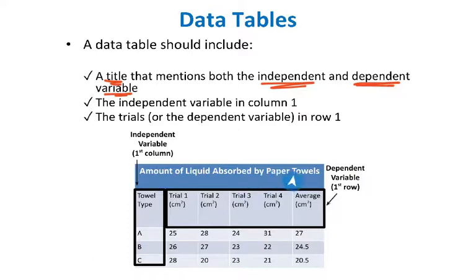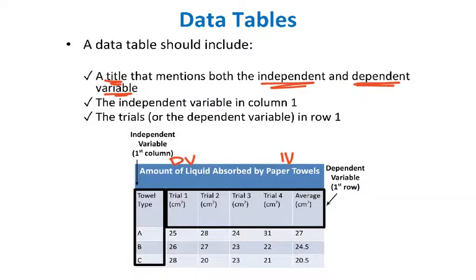You can see that we have a title right here at the top, amount of liquid absorbed by paper towels. In this case, the independent variable, the thing that we're changing on purpose, is the type of paper towel. And the thing that we're measuring to see if the type of paper towel makes a difference is the amount of liquid that was absorbed. Amount of liquid is the DV.